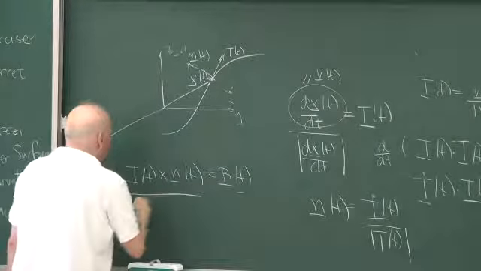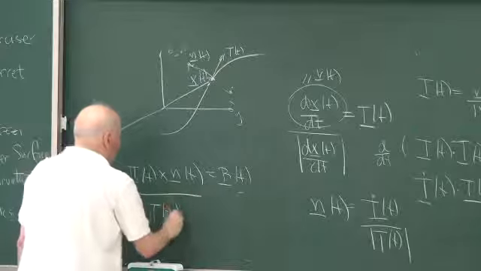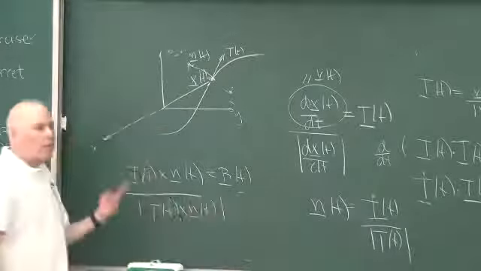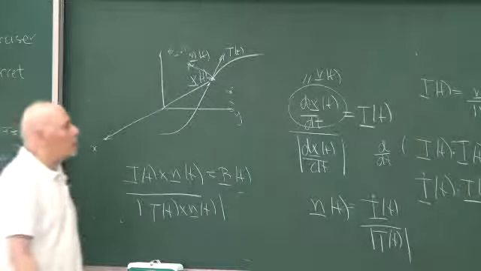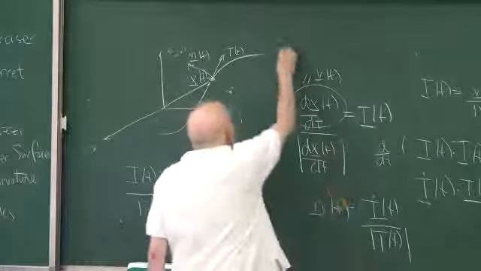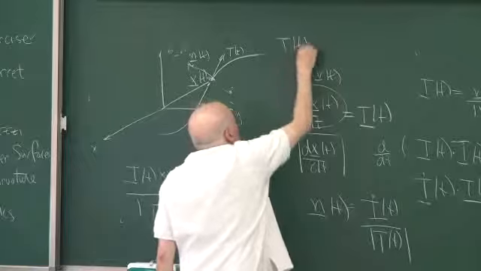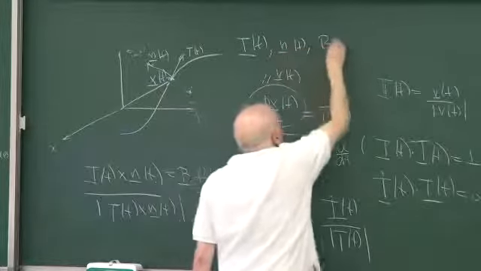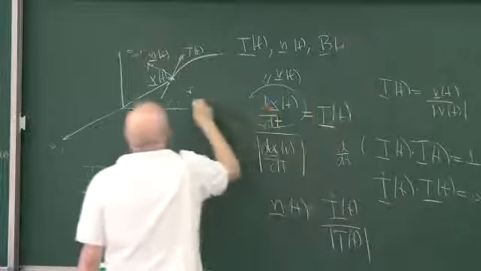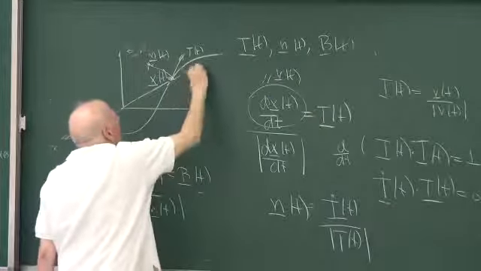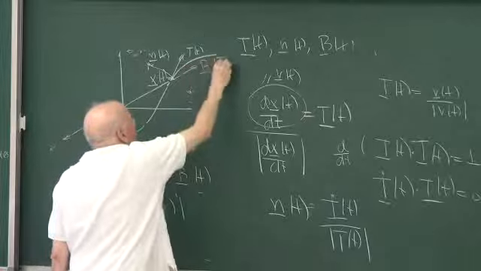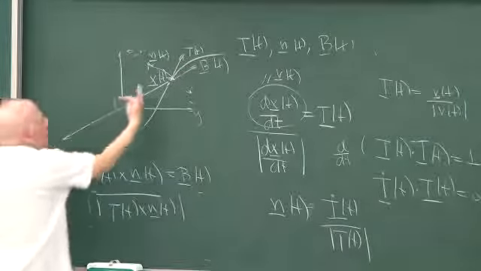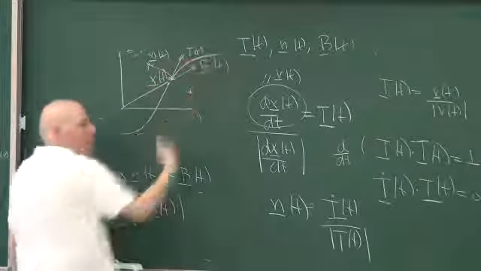And I have to make it a unit vector. So now I have three different vectors: the tangent, the normal, and the binormal. So that forms a local orthogonal coordinate system that's moving along the curve.